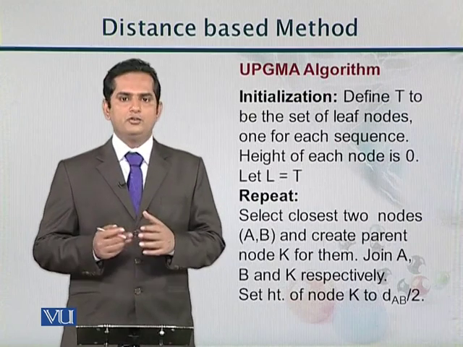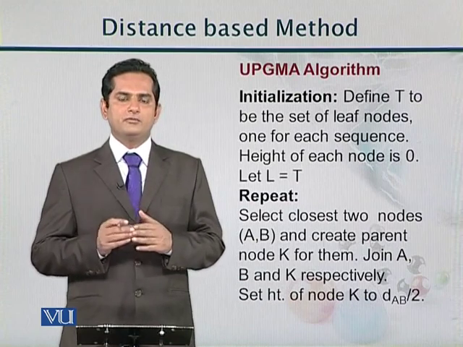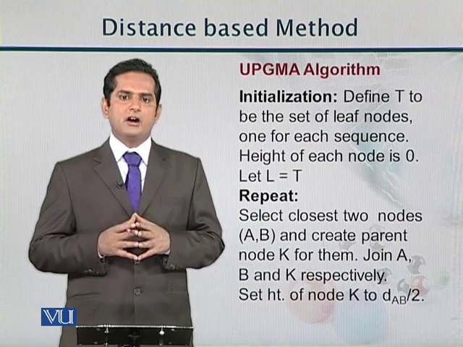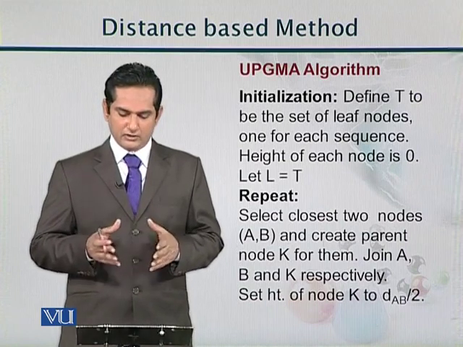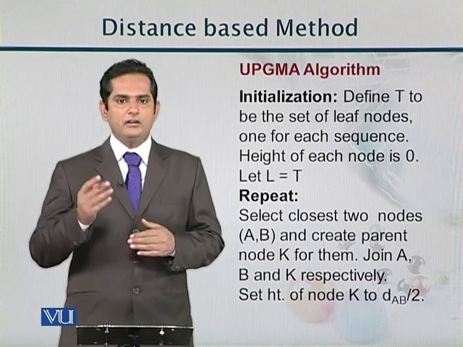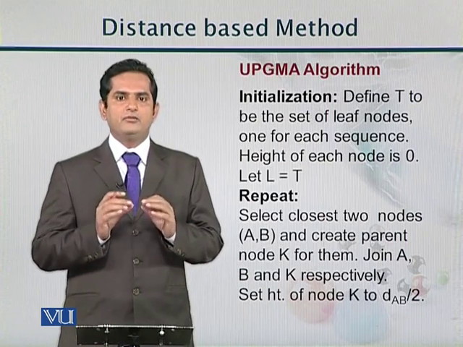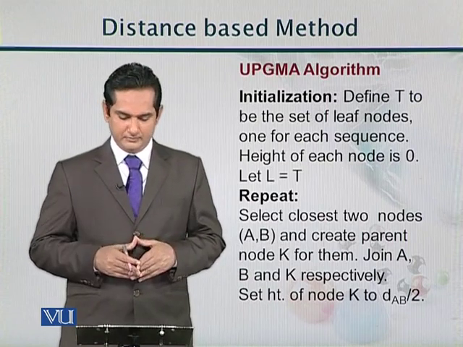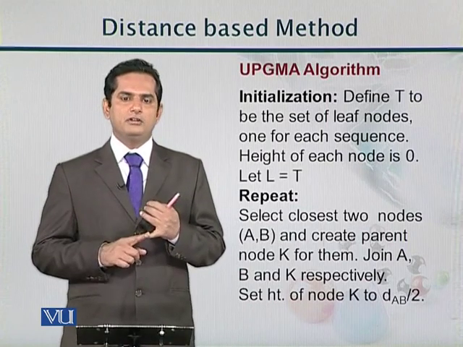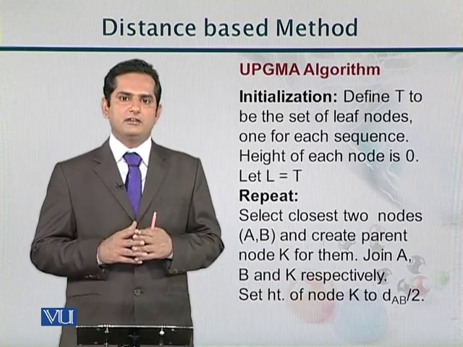So the UPGMA algorithm. Basically we have different steps to compute UPGMA matrices. We will start from some very basic tree T which contains a set of leaf nodes, one for each sequence, and then we will give height of each node as 0 and we will say that L is equal to T. Now we will take two nodes, suppose A and B, and then we will try to join those nodes using some distance matrix.